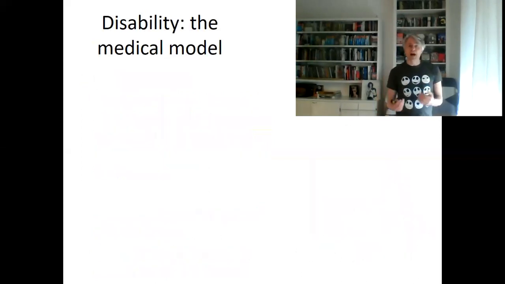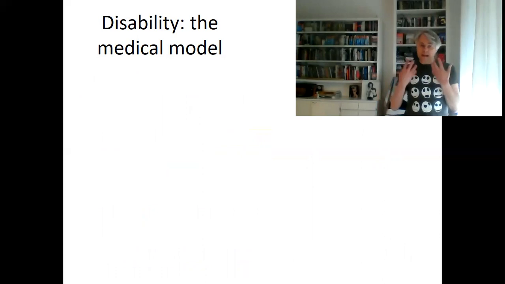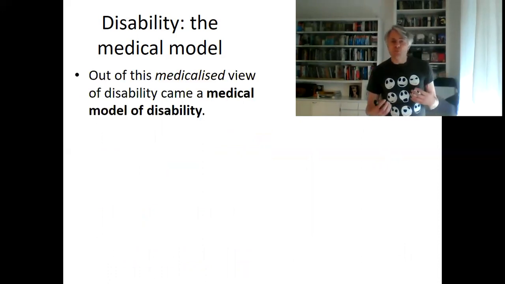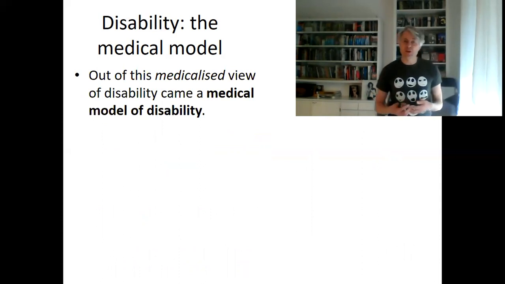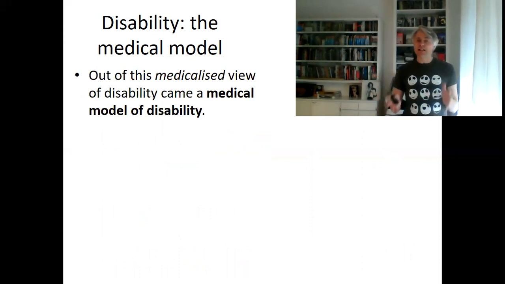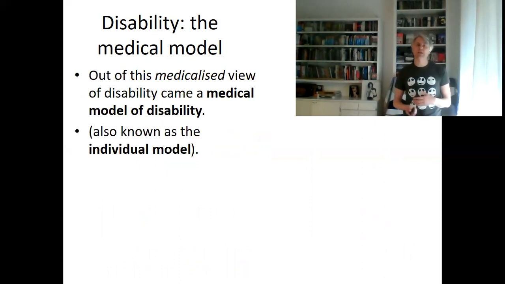Good. I want to move on now and think about how medicine, the medical practitioners who built these enormous hospitals, how they see disability. So we have a way of looking at disability, a medicalized view of disability. And I want to introduce you to a really interesting concept. In the literature, we talk about the medical model of disability to describe this medical way of looking.